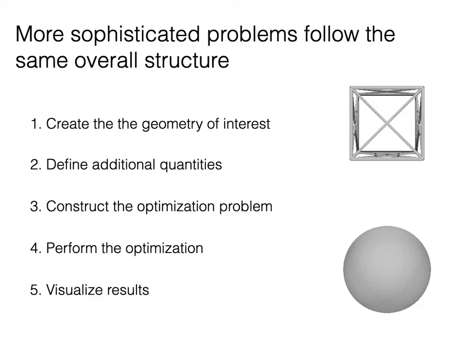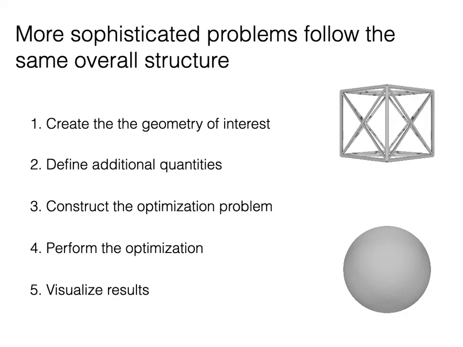This is a fairly basic problem, and so it wasn't so difficult for us to set up. But actually, many sophisticated problems in Morpho will follow the same overall structure. We're going to create the geometry of interest, create additional quantities that depend on the mesh, construct the optimization problem, optimize, and visualize.